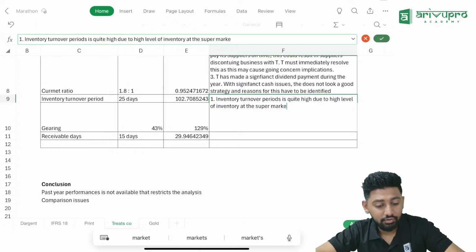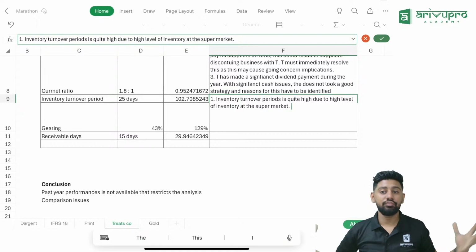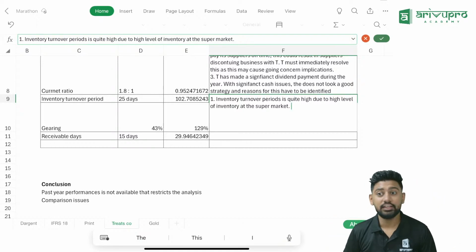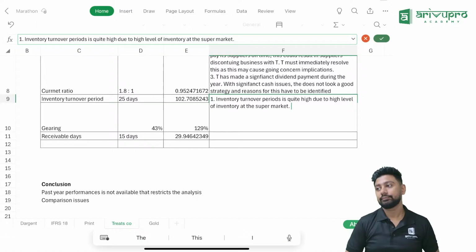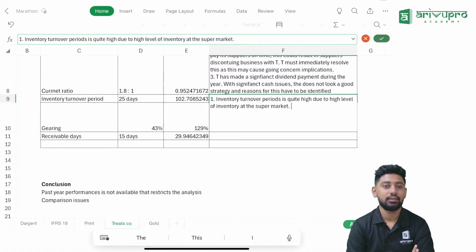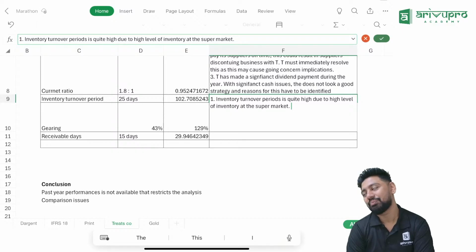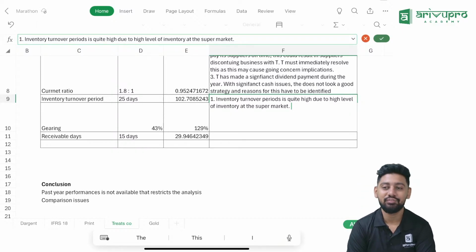So because you have high level of inventory in the supermarket, long inventory days, what is the impact? Products will get outdated. Your inventory write-off comes in. So probably your operating expenses could also have your profit margin is also eaten up by inventory write-off.